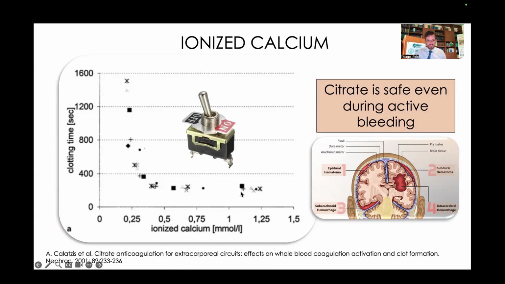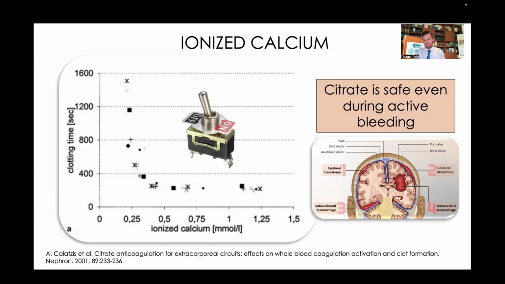And as demonstrated in this figure, there is this on and off mechanism where when ionized calcium concentration is below 0.4, clotting time tends to infinite. So if we give citrate to that patient in the extracorporeal circuit and we reduce ionized calcium concentrations below 0.4 or 0.35, virtually there is no risk of coagulation.